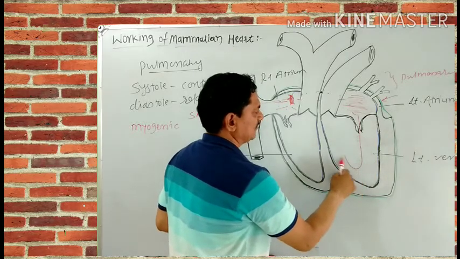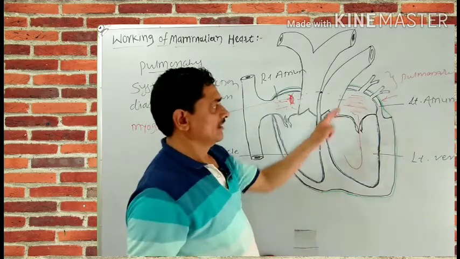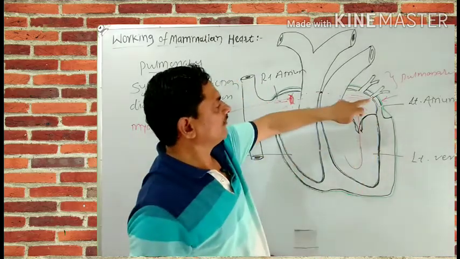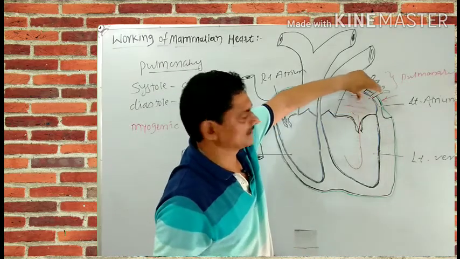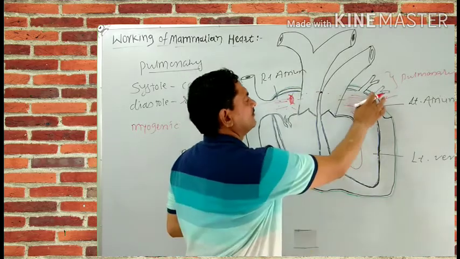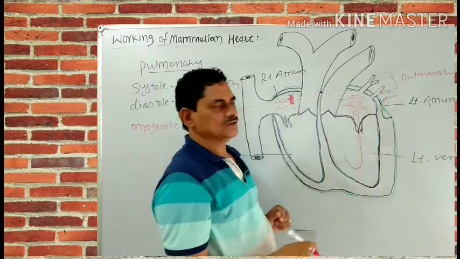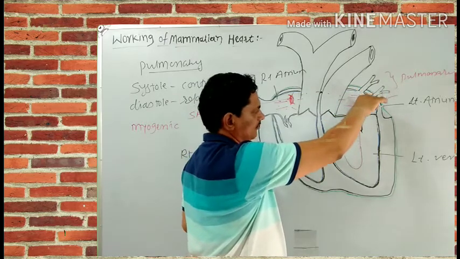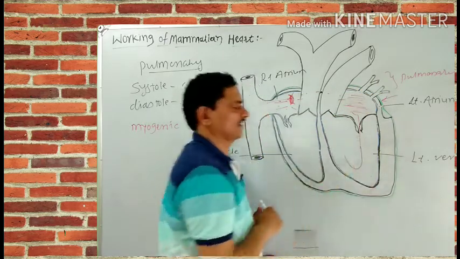The oxygenated blood enters into the ventricle. The backflow of blood into the pulmonary veins is prevented due to the oblique nature of these pulmonary veins. So the blood flows through the auriculoventricular aperture into the ventricle.